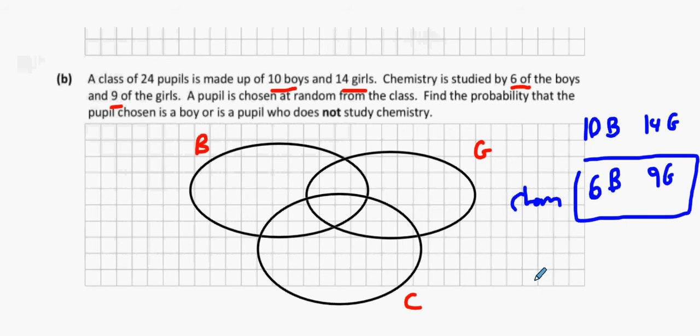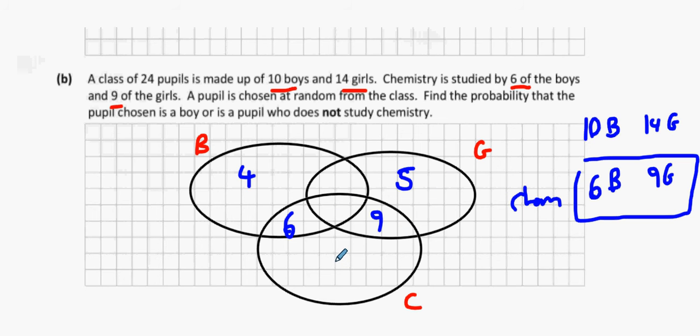So the way I do this is six boys here, because they're in the boys and they're in the chemistry region. That makes sense? Then I'd have 9 girls in here, because girls that do chemistry. Then we have 5 left over because they don't do chemistry. And then we have 4 boys left over because they don't do chemistry either.